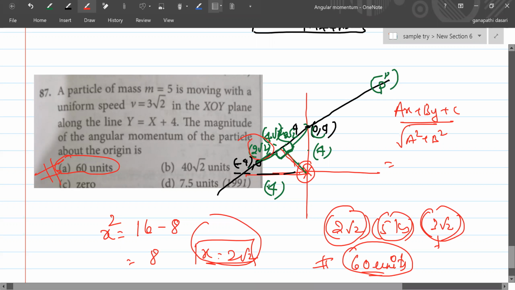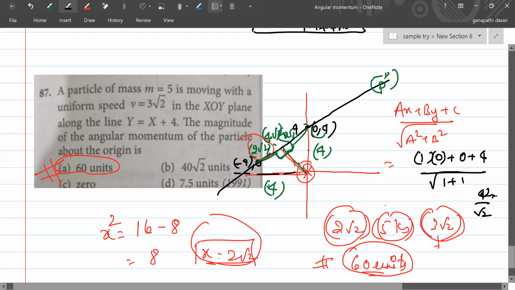Here a is 1, b is minus 1, and x and y are 0 because it's the origin, so ax plus by is 0. Then c is 4. Divided by root of 1 plus 1, that is root 2. So 4 by root 2 is 2 into 2 by root 2, that is 2 root 2.